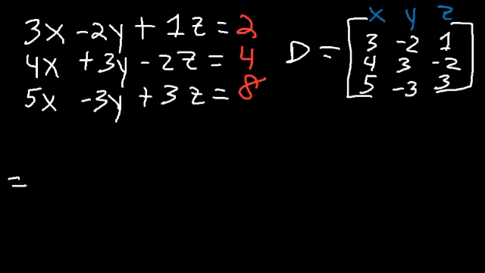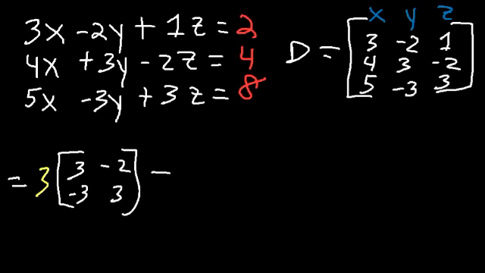So first we're going to have the 3 in the front, and then it's going to be 3, -3, -2, 3. And then it's minus. Now we need to eliminate -2. So we're going to get rid of the row and the column that intersects at -2.